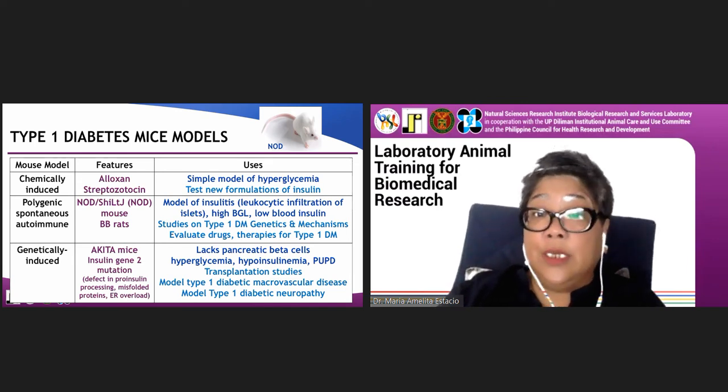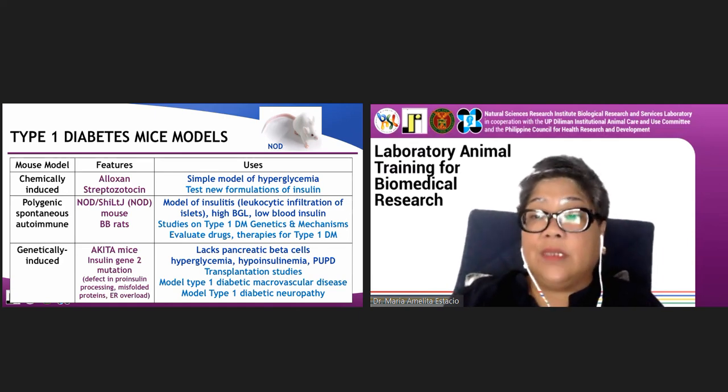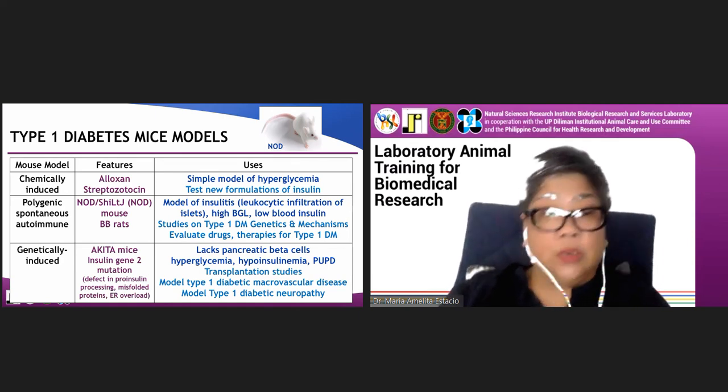And this is also used to evaluate or test drugs or new therapies for type 1 diabetes mellitus.